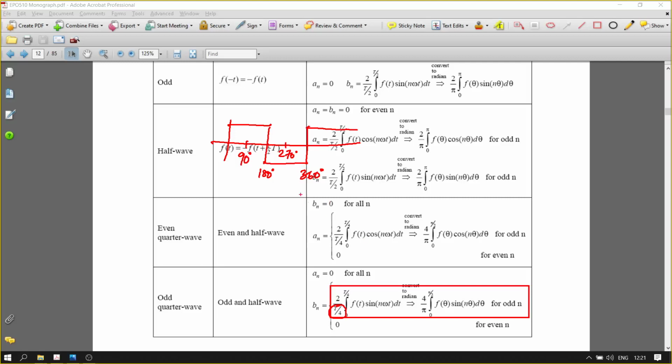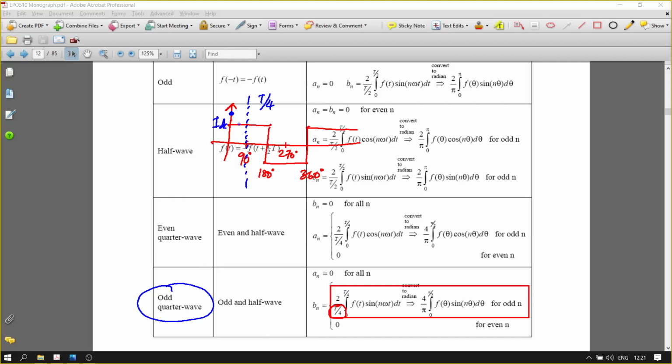Therefore, it is sufficient for you to integrate from 0 up to the 90 degrees, which is T over 4. This is the property of odd and quarter wave, right? And this is IDC.